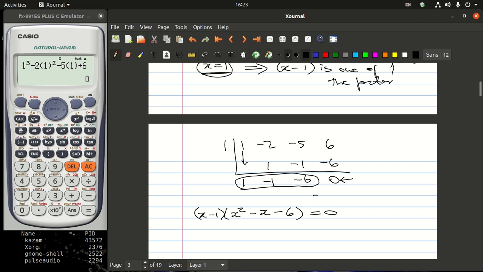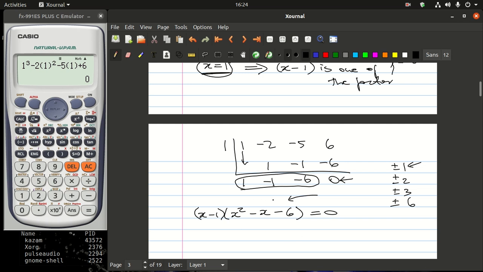Now again, can we factorize this? Again, we look for the factors of minus 6. Factors of minus 6 are plus or minus 1, plus or minus 2, plus or minus 3, plus or minus 6. Of course, we're going to start with a 1. If I'm plugging in a 1 there, will I get a 0? I am talking only about this part.